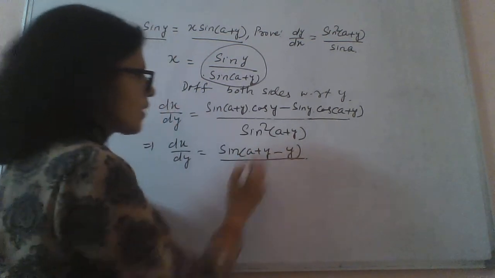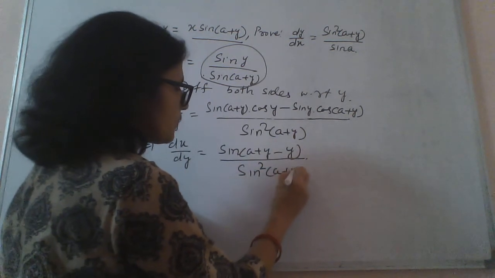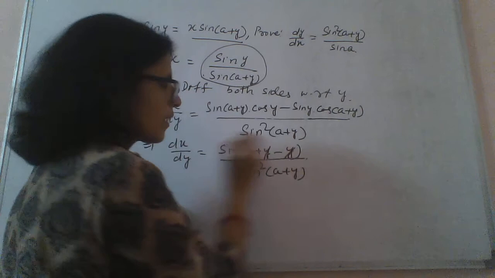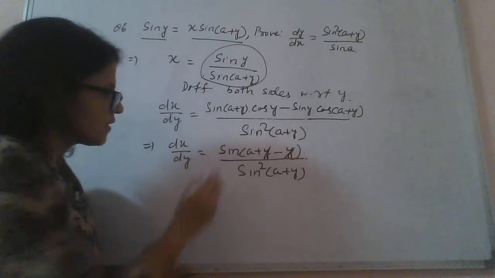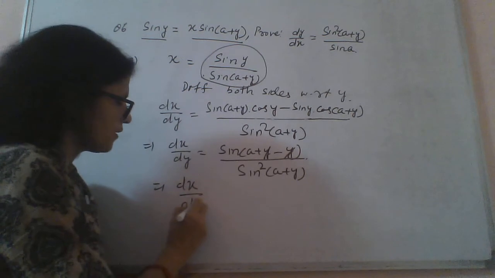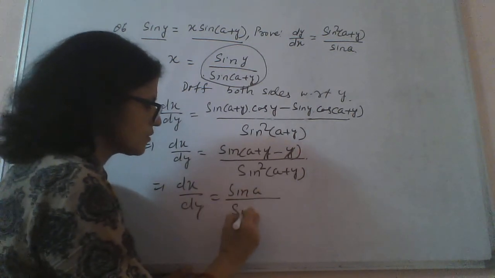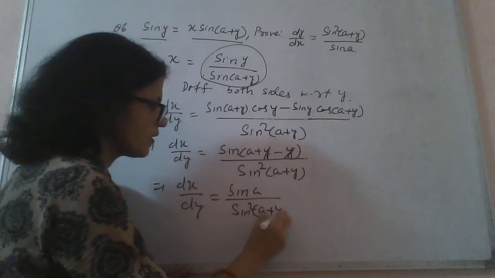Sin(A minus B). Here it is sin square(a plus y). Y minus y gets cancelled. So you are left with dx by dy equal to sin a by sin square(a plus y).